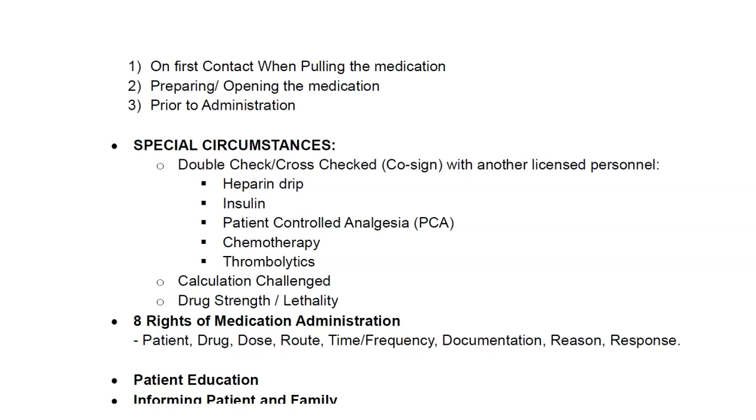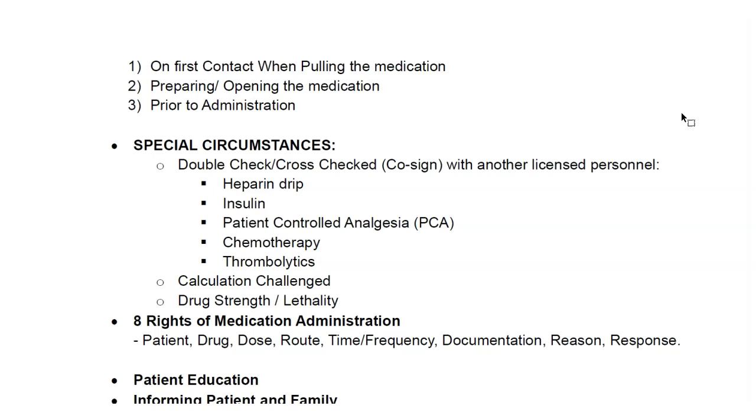Number 1, we check the medication when we're pulling the medication. On first contact, as we're taking it out of the Pyxis or Omnicell or whatever dispensing system your hospital or facility has, we check it then. We look at all the details. Is it for the right patient? Is it the right medication, expiration, and so on? So we check everything then.